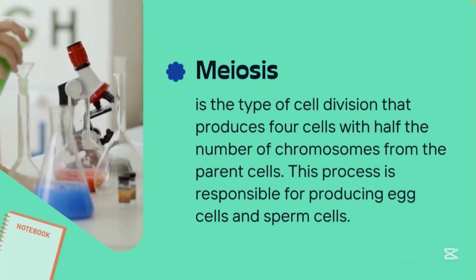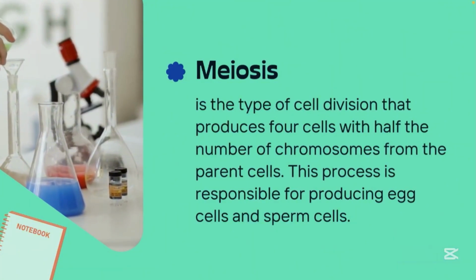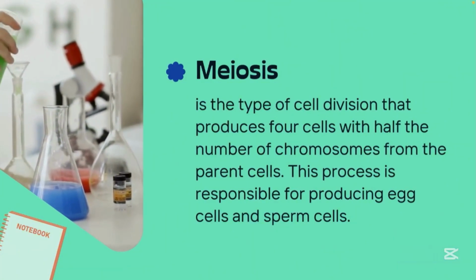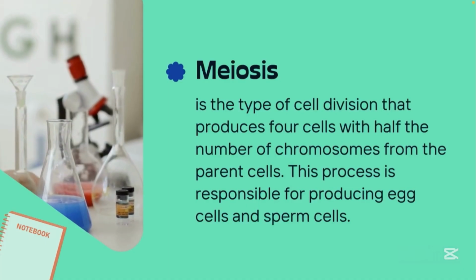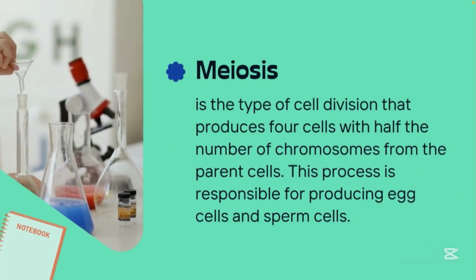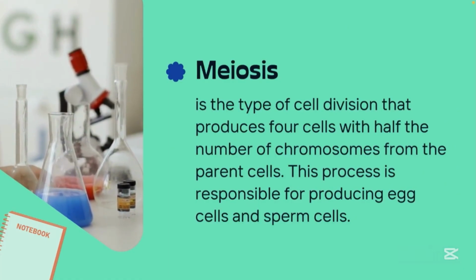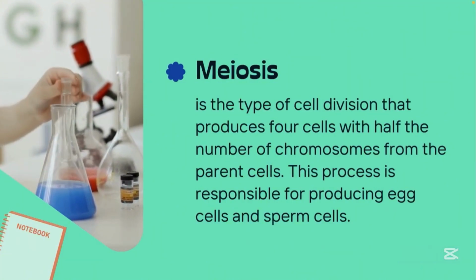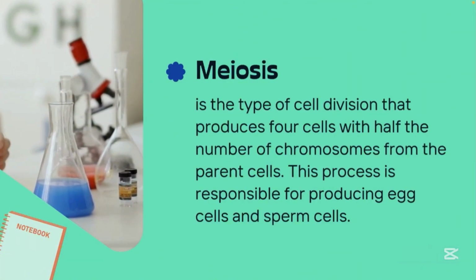The key difference between meiosis and mitosis is that meiosis occurs through two divisions, meiosis I and meiosis II, and it includes crossing over and independent assortment, which we can see later in the video. So let's get started with the stages of meiosis.